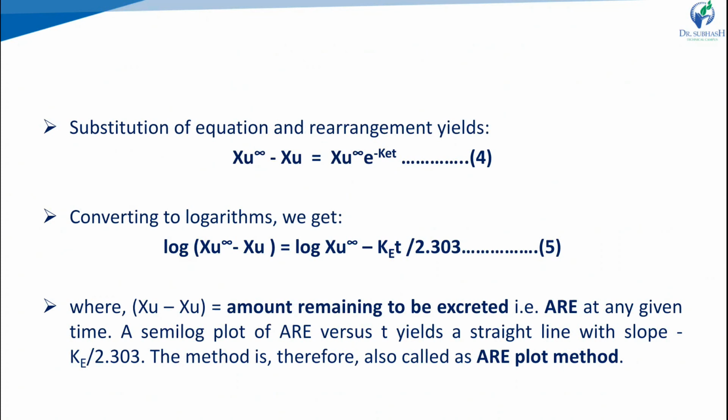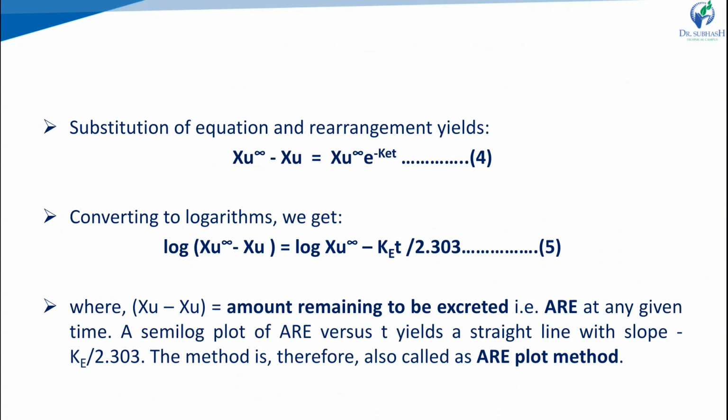Now we go for the substitution and rearrangement of that equation. So Xu infinity minus Xu is equal to Xu infinity e raised to minus Ket. Converting into the log form, log (Xu infinity minus Xu) = log Xu infinity minus Ket upon 2.303.